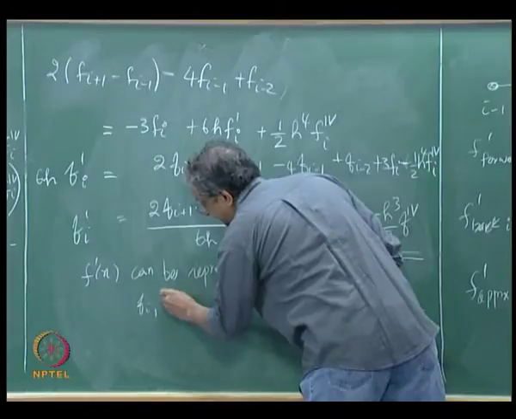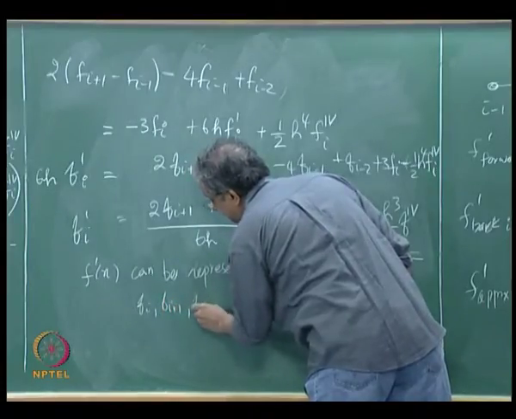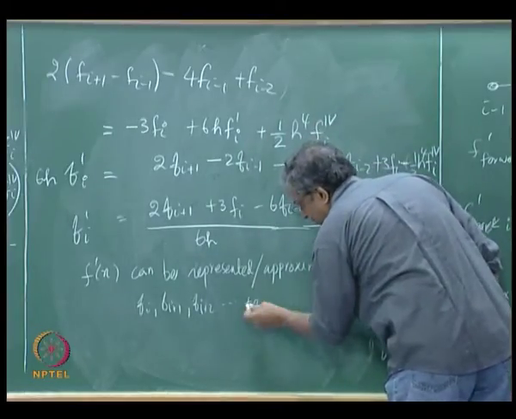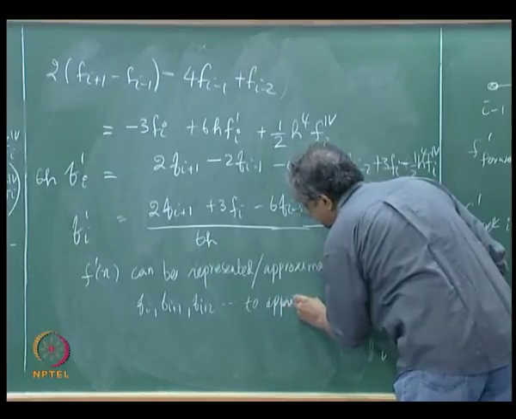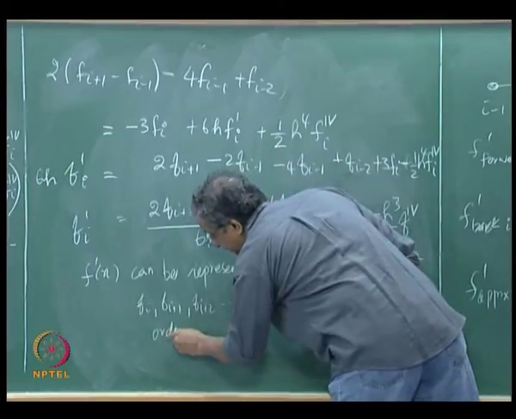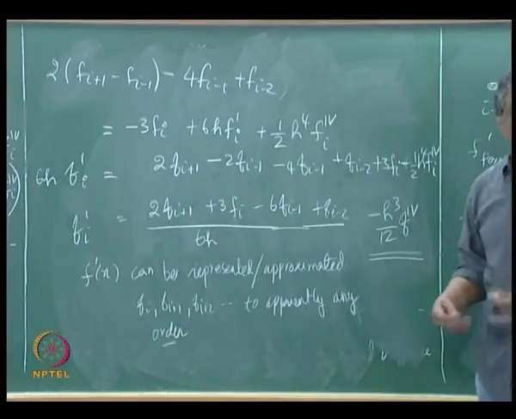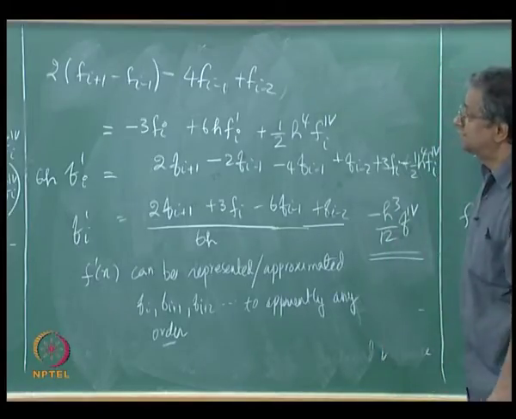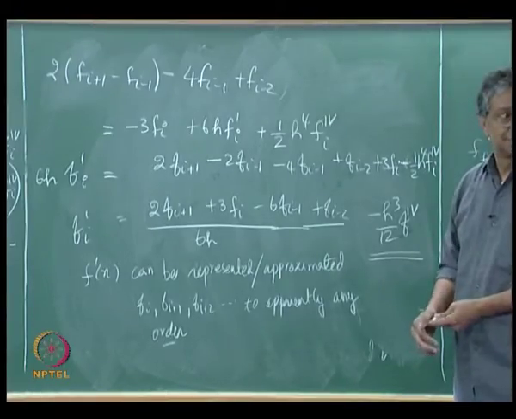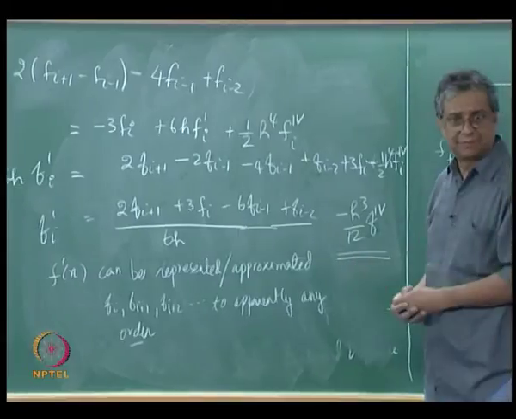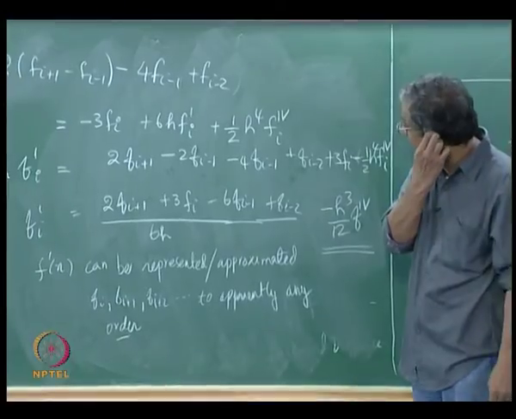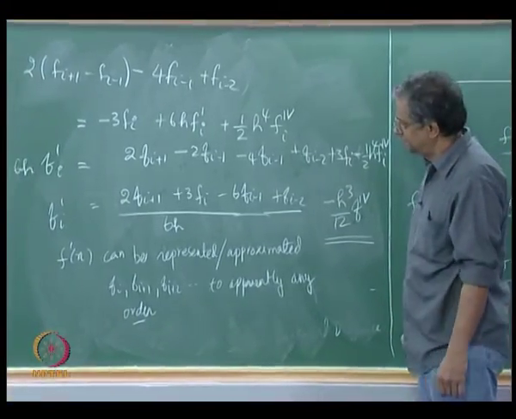So you can use f(i), f(i+1), f(i+2), f(i-2) and so on, to apparently any order that we seek. It's just a matter of adding points. As you add more and more points, if you have i+1, i-1, i-2, then apparently you can get as high an order as you want. So it's possible to get higher and higher order representations or approximations.